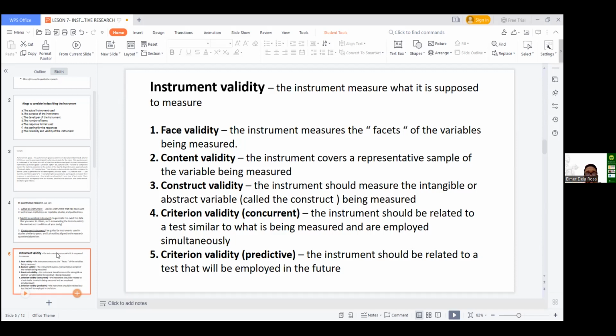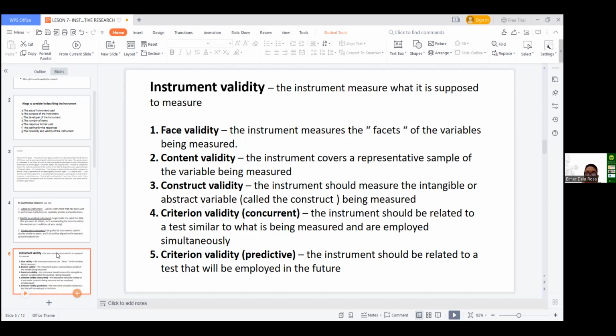So if a child says, I strongly disagree, then you can assume that the abstract or the intangible intrinsic motivation is low because hindi siya nag-agree doon sa sentence na I like to solve math problems. Then the other items could be, I enjoy doing math homework, I am looking forward to learning new lessons in math, I am excited to learn math, etc., etc.